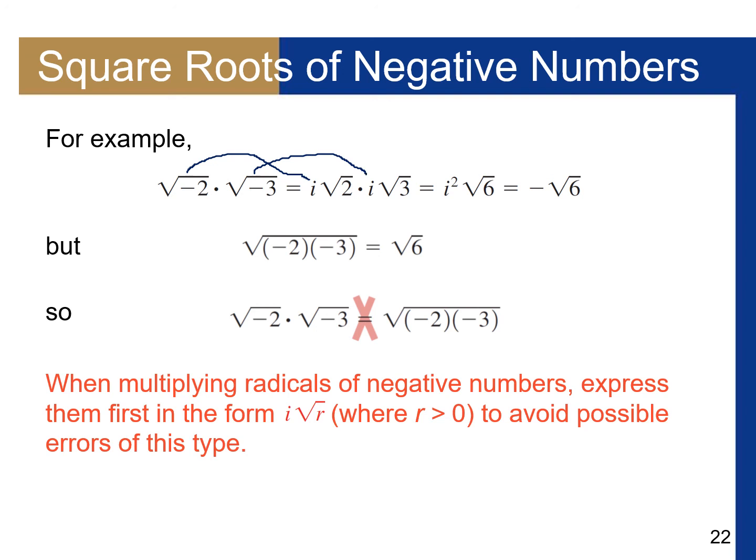So now i times i is i squared, and i squared is negative 1, so the actual answer is going to be negative the square root of 6. So these are not the same. You can't take these and put them both under the square root and multiply them. You have to take the i's out first.